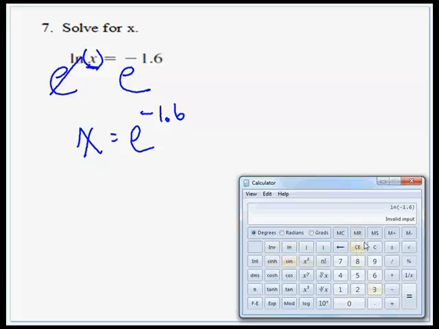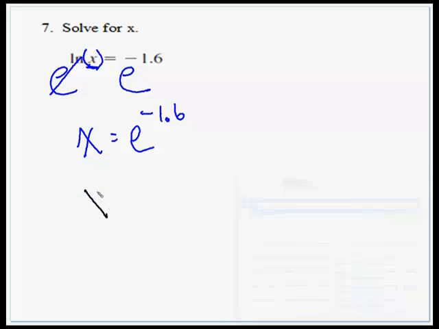Clear. Where's clear? 1.6 negative, inverse, e to the x. And there we go. 0.20, and let's round it off there, 0.202. X is approximately 0.202.